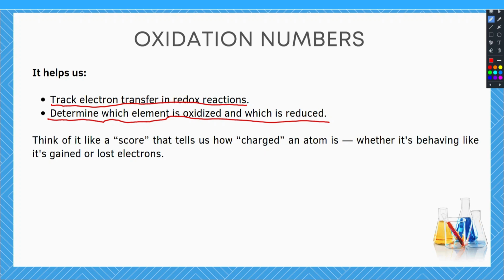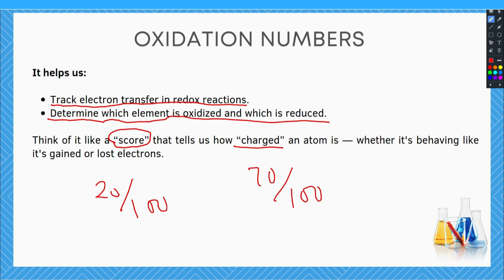Now, think of an oxidation number like a score, which tells us how charged an atom is, whether it's behaving like it has gained or lost electrons. For instance, if somebody wrote an exam and scored 20 over 100, and another person scored 70 over 100, and I ask you who got an A and who got an F in the course, of course you know the person who got an A is the one with 70 over 100, and the person who got an F is the one with 20 over 100.